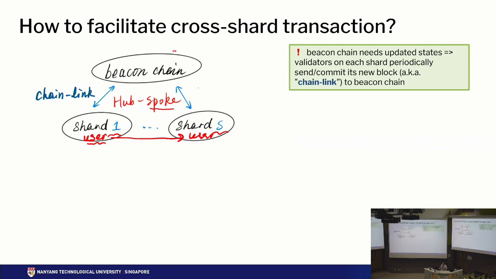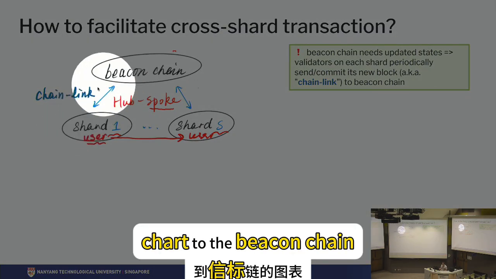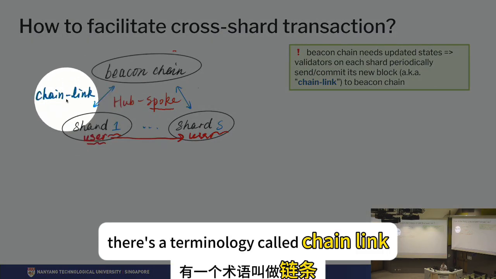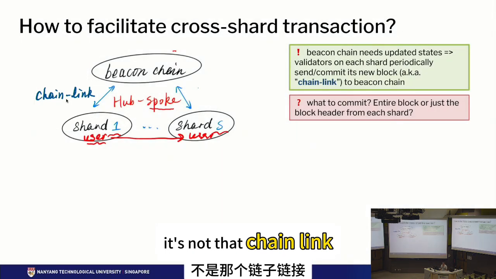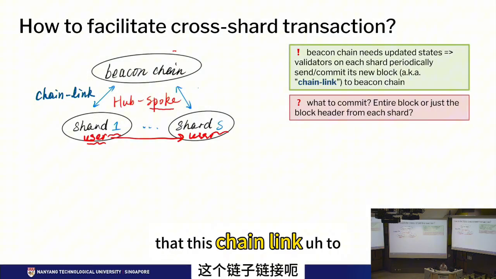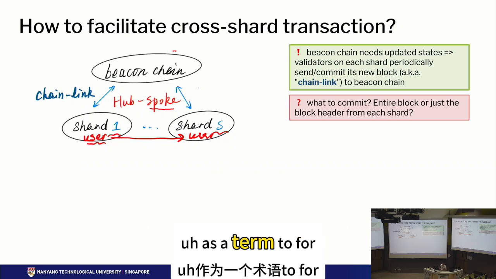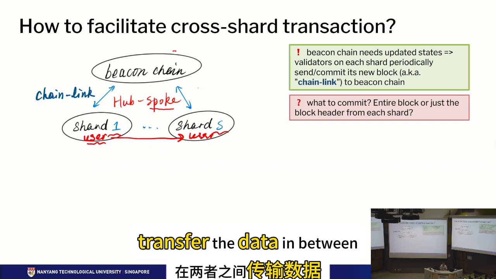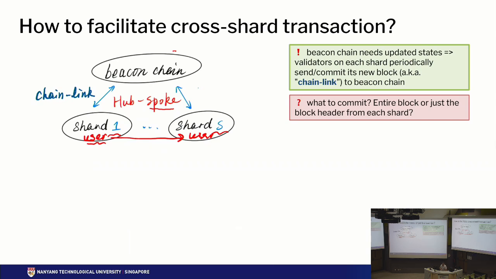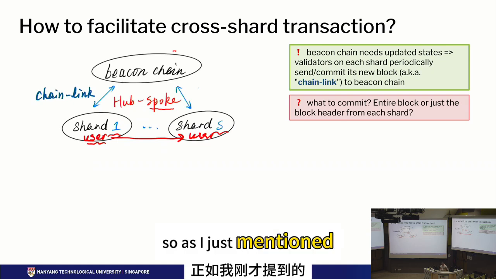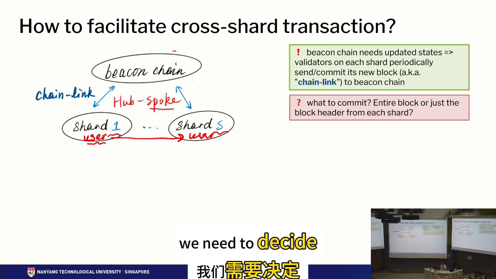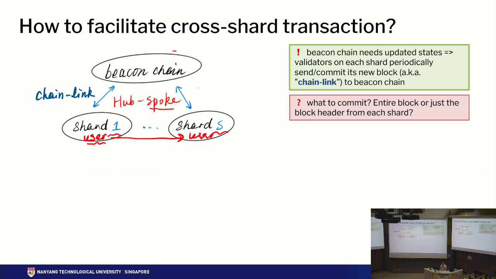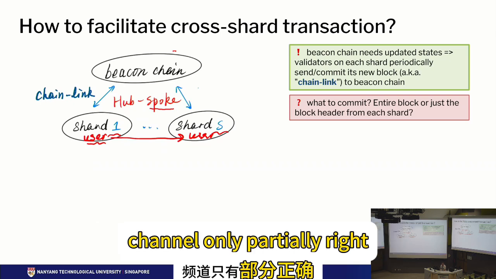From the shard to the beacon chain, there's a terminology called chain link. It's not that chain link, it's this chain link, a term to basically transfer the data in between. As I just mentioned, we need to decide whether to transfer the whole data to the beacon chain or only partially.